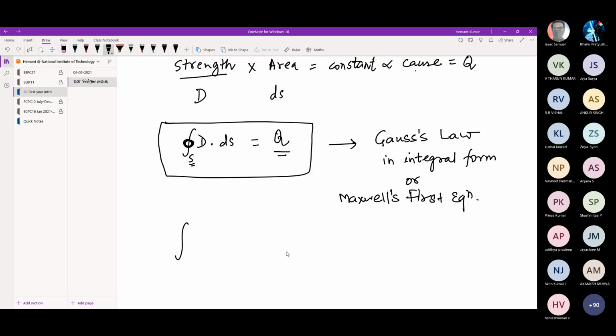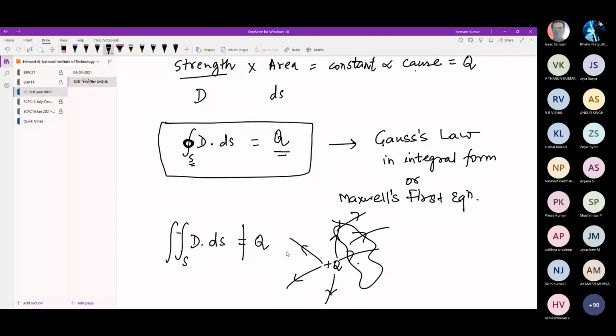If I say the surface integral of D dot ds is equal to Q for any surface, is that correct? It is not, because we have not considered the surface as a closed surface. You have to consider it as a closed surface. If the surface is not closed, suppose this is the charge Q and you have electric flux here, and you are considering a surface here, how much flux leaves through it does not depend only on this charge.